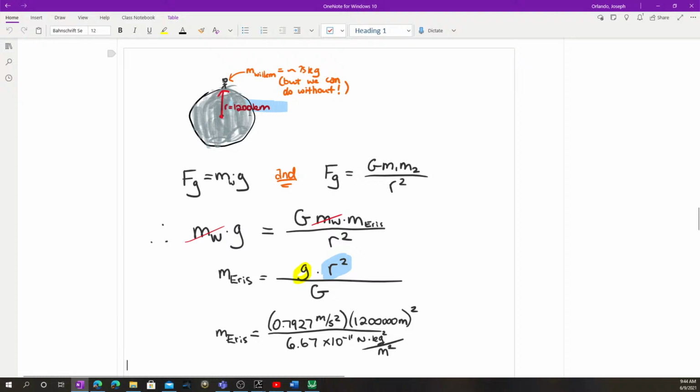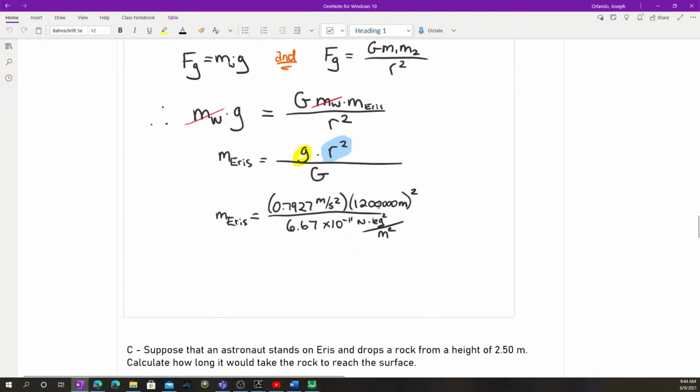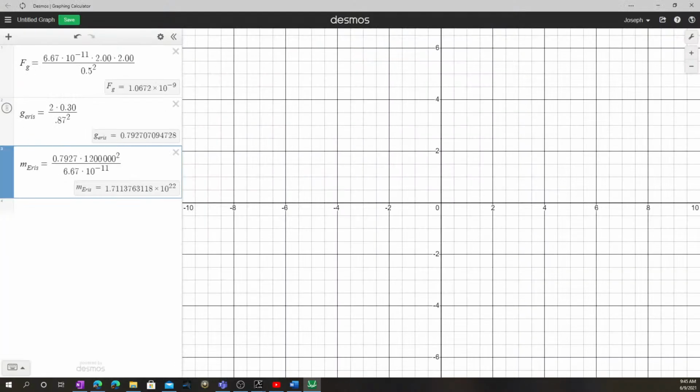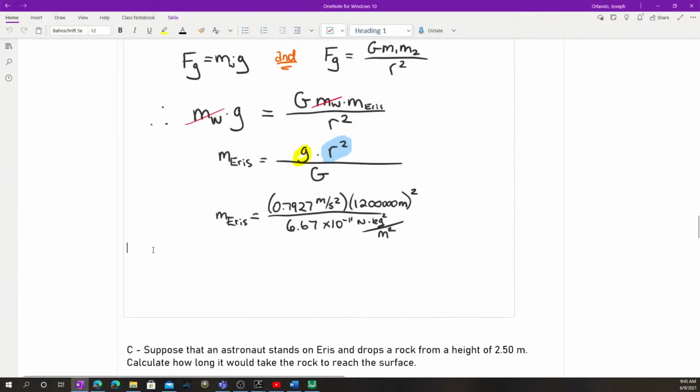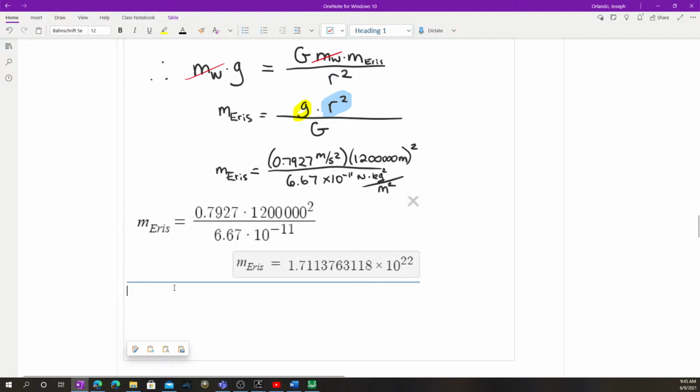Yeah, if that's 1,200 kilometers, it is 1.2 million meters. Okay, there we go. That makes more sense. Those units will actually cancel. And there we go. And so we know that the mass of Eris is going to be 1.7 times 10 to the 22 kilograms. Eris, a pretty heavy guy.